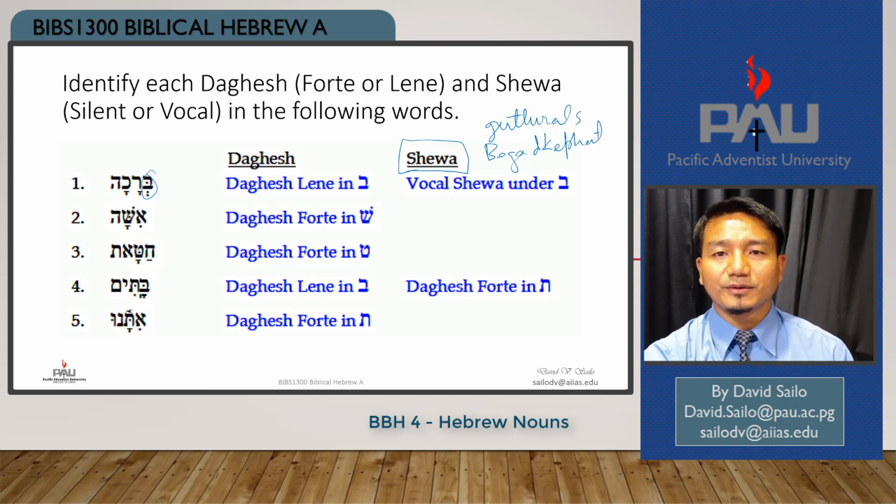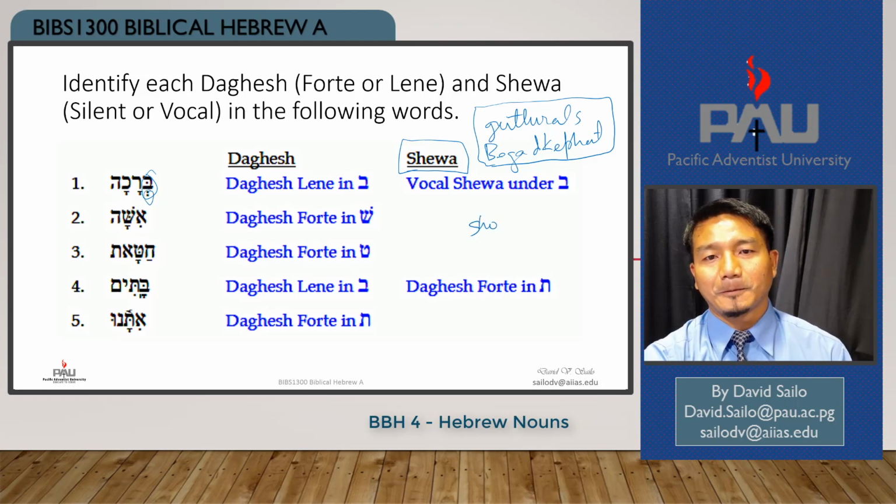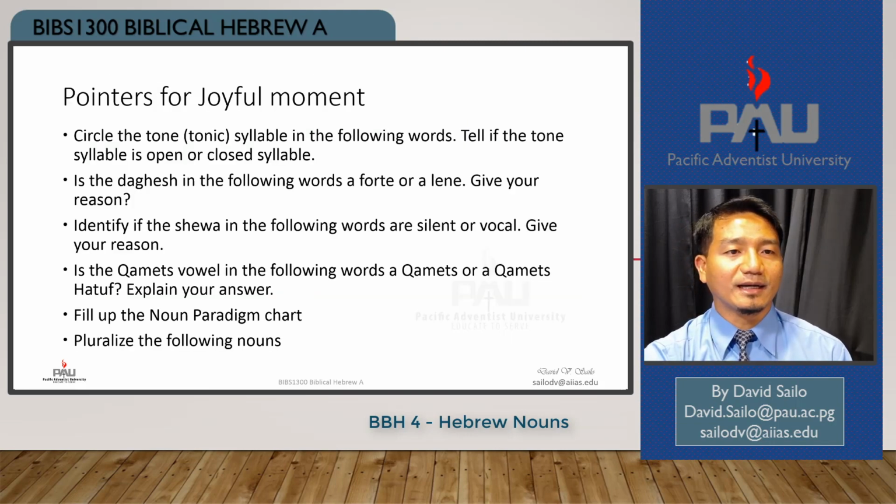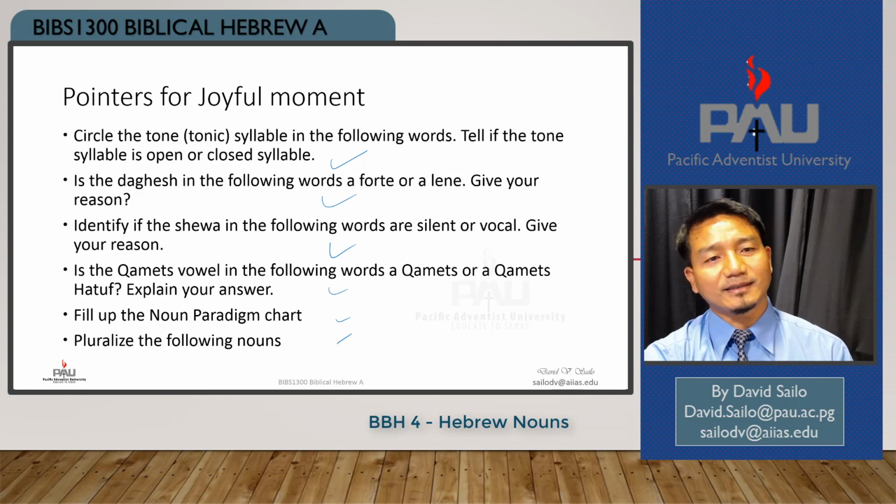So you need to revise all these things. Also you need to look at the vowels, whether they are short or long, okay? At least you need it for one of them. For the dagesh, at least you need it. So this is what I already sent you. I will not ask all of these, but these are the kind of questions you could expect for the next quiz. Thank you so much.